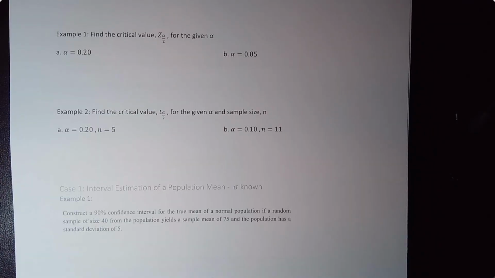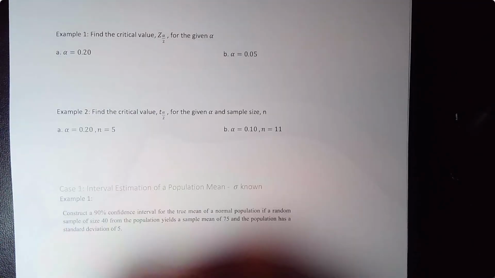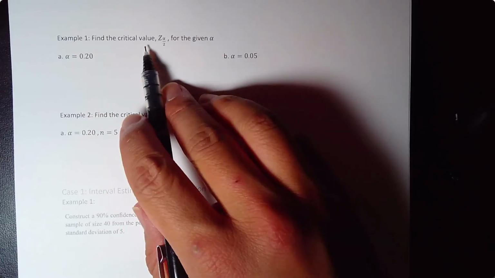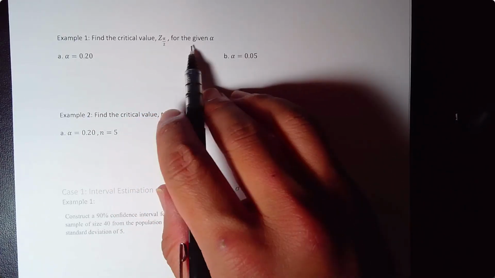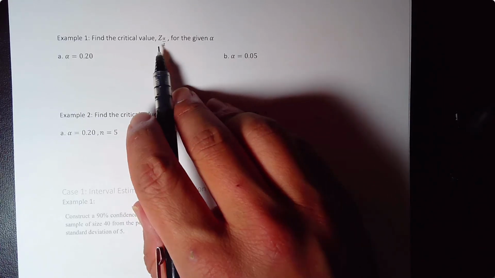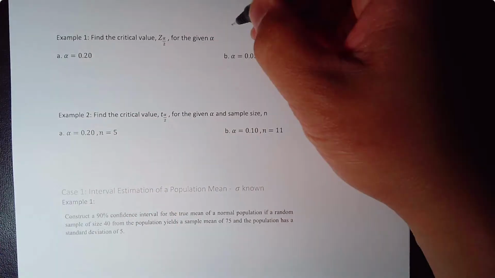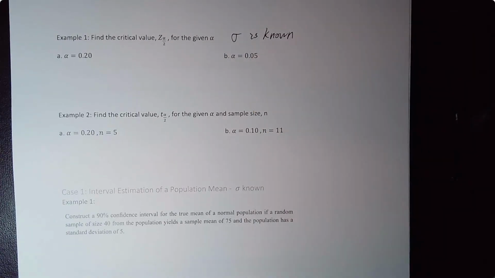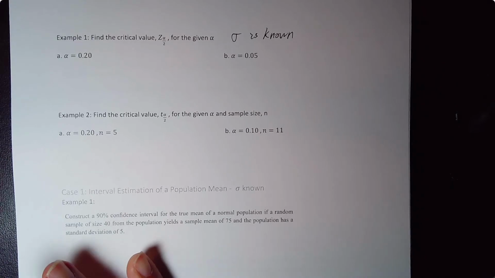I think it will become a little bit clearer when we do a couple of examples. So let's find the critical value z given alpha. If we're looking for the z critical value, that means sigma is known. Don't worry about how we know it; either the problem will tell you that we have sigma, or we're going to assume that we know sigma.